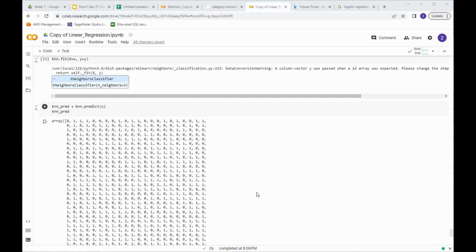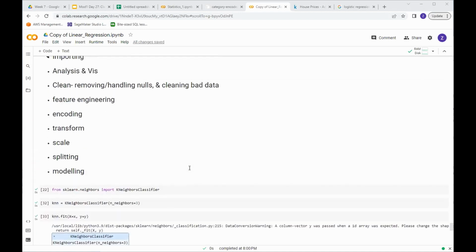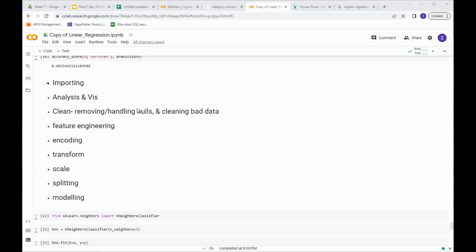So I just made a list of this. These are the steps that you will go through. You import your data, then you do some analysis and visualization of your data, then you clean, removing and handling null values, outliers, bad data. Then you do some feature engineering, then encoding, transformation, scaling, then you do the split, and then you do modeling.